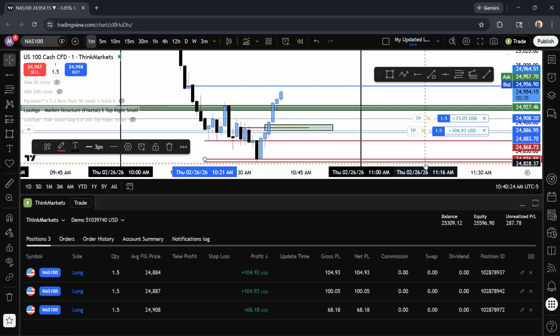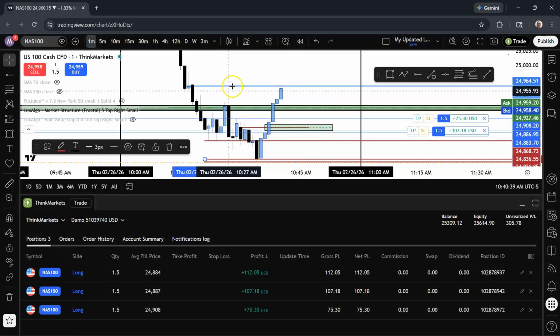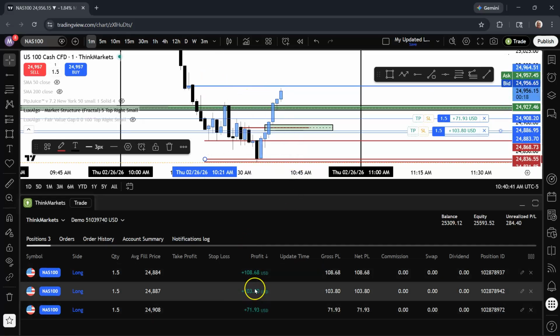I got in some trades to try to capture some pips going down, which I should have never did. But now I'm back on track, and I'm excited to the point where now it's going back up where I want it to go. So once it breaks these highs, I mean, the profits are going to get larger.